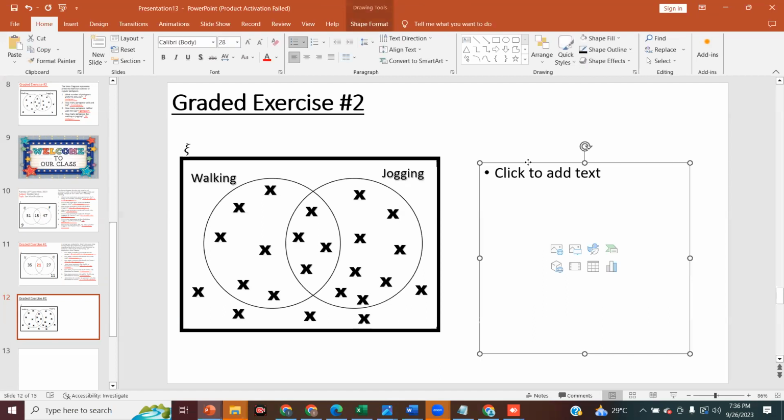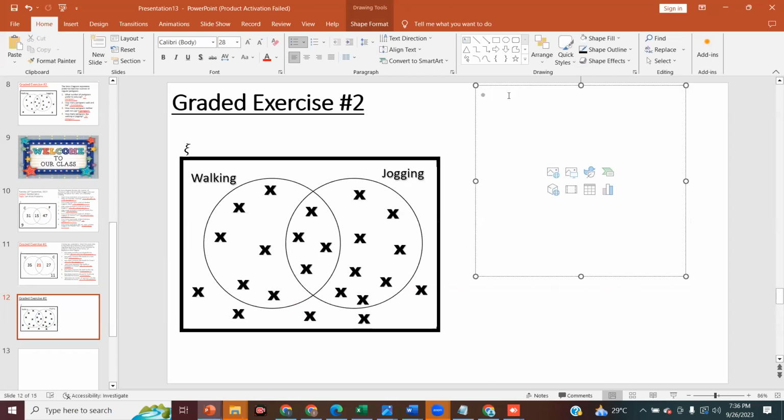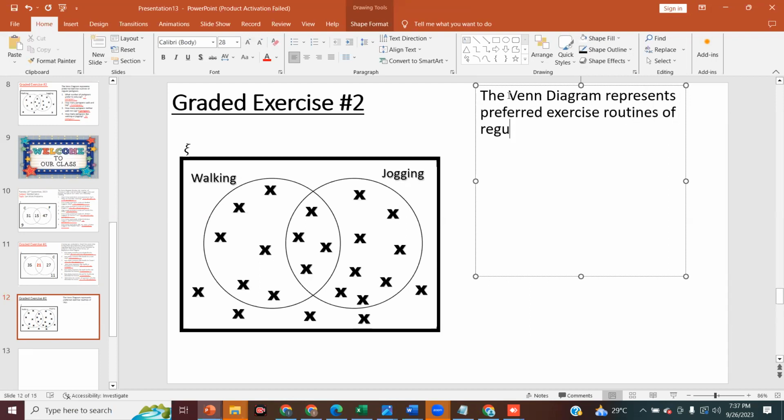So this one says that the Venn diagram represents preferred exercise routines of regular park goers.